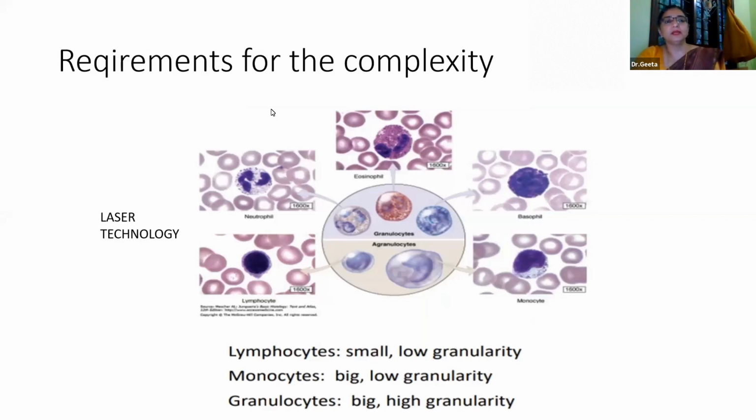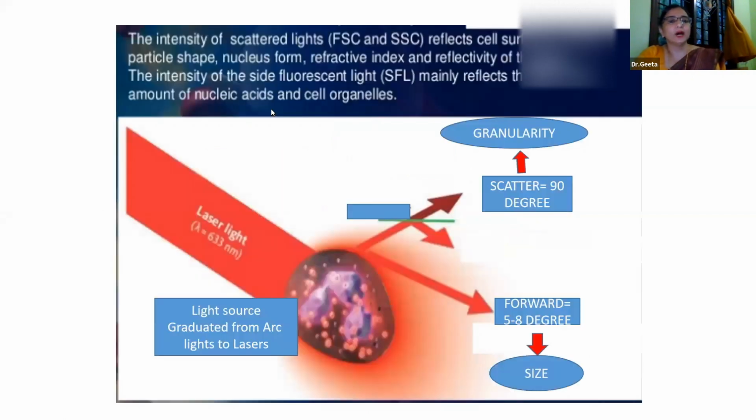So then came the technology of using laser lights instead of the arc lights which were used in the Coulter. The laser light was utilized to hit the particle as it passed through the path of the light, and the scatter of this light was then recorded as forward and side scatter.